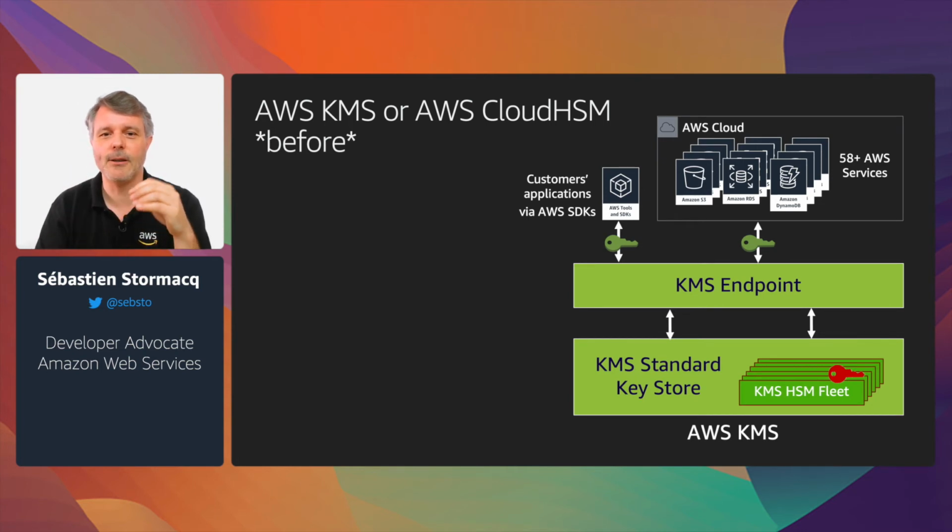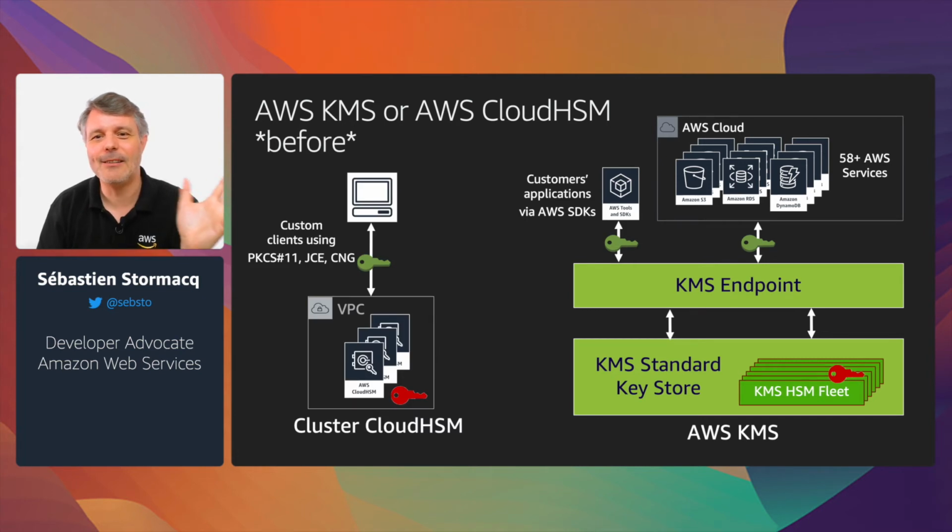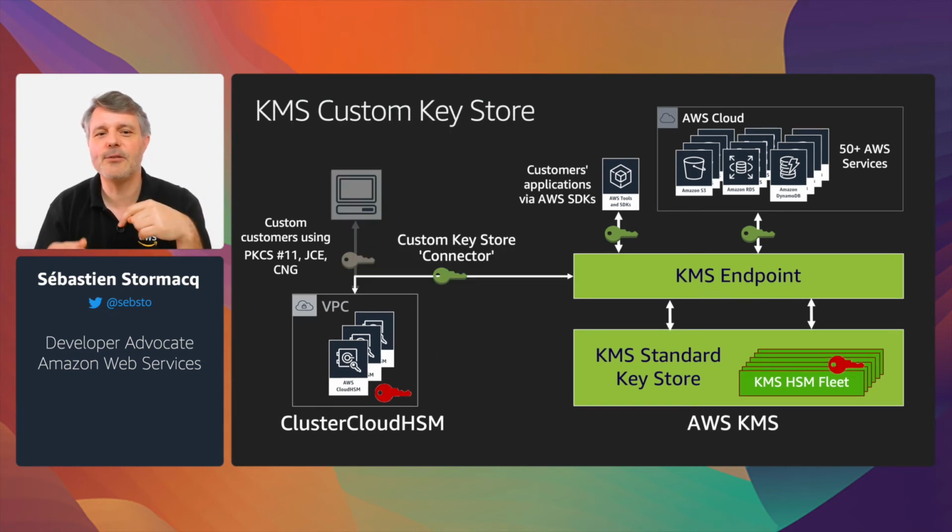You have your application and all the AWS services that are leveraging KMS, that are using customer master keys that are protected by the KMS HSM-backed keys, and on the side you had your other applications that were using keys managed by a cluster of CloudHSM. And now we have a bridge between the two, so you can tell KMS to use keys that are actually protected by a cluster of CloudHSM.